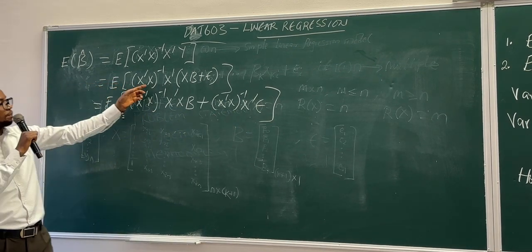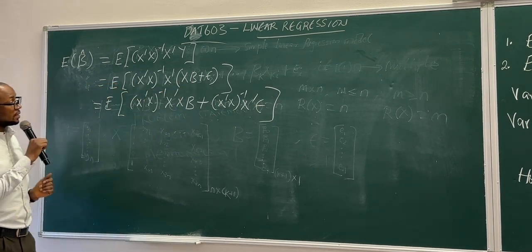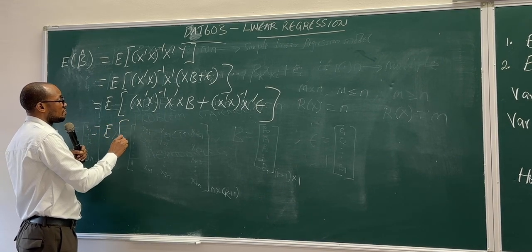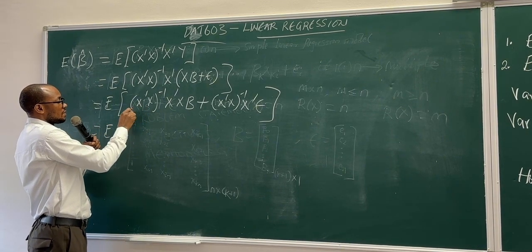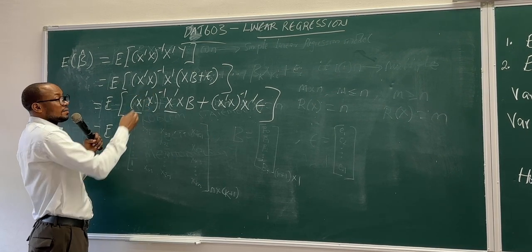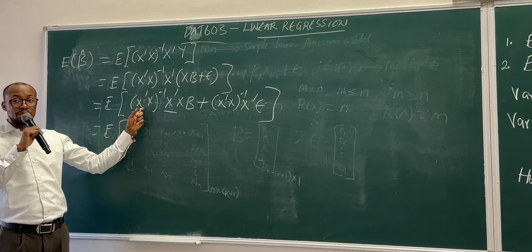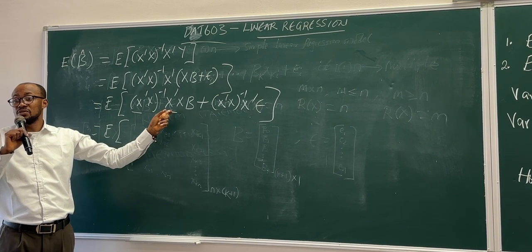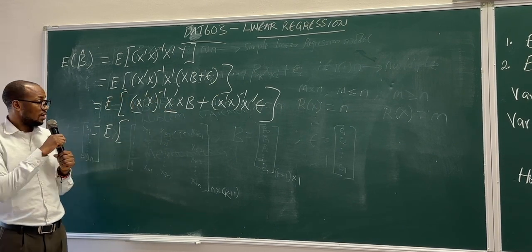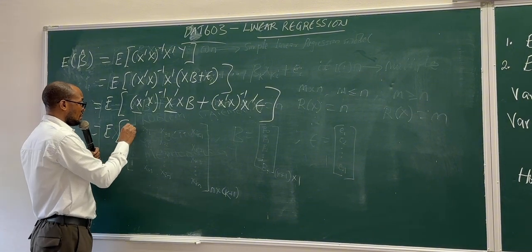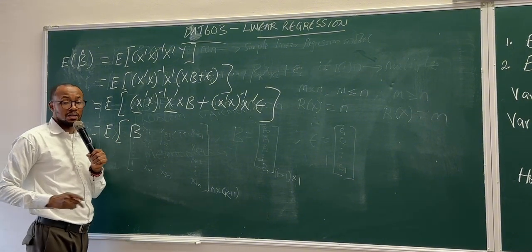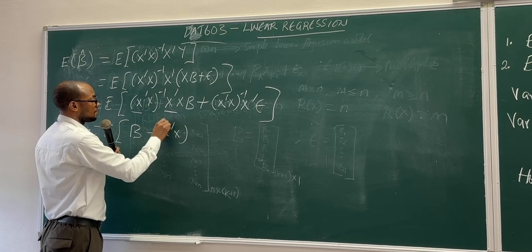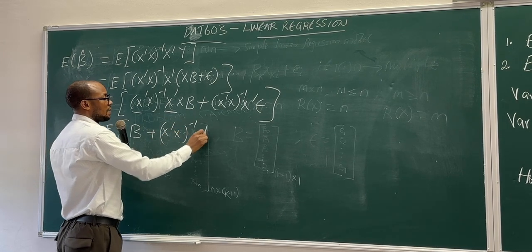I just expanded this bracket. Now, we're multiplying the inverse of a matrix by the matrix. So what is it going to give to us? The identity matrix. This will go away as we found out before. So we're going to be left with beta plus x transpose x inverse x prime e.